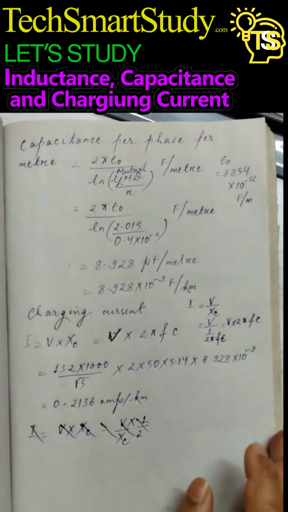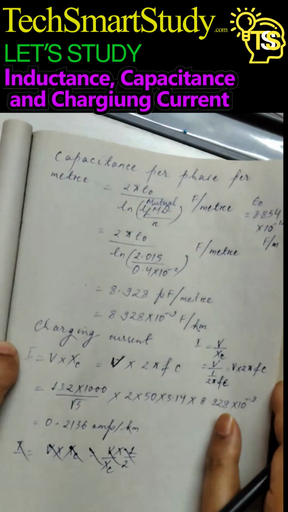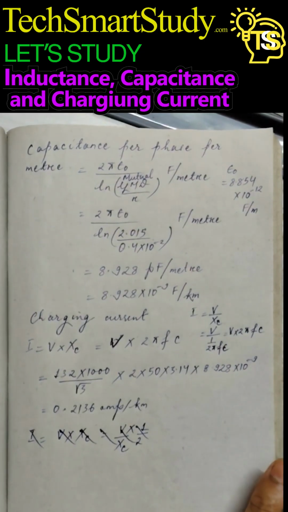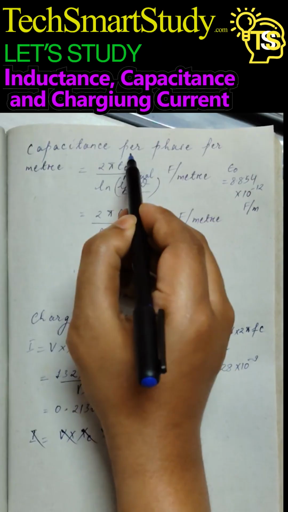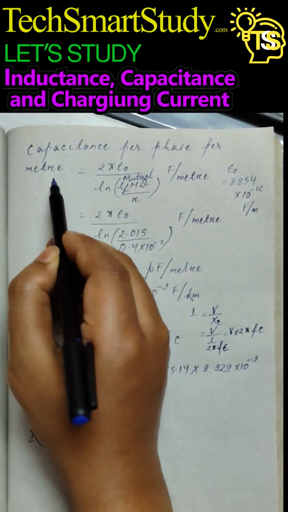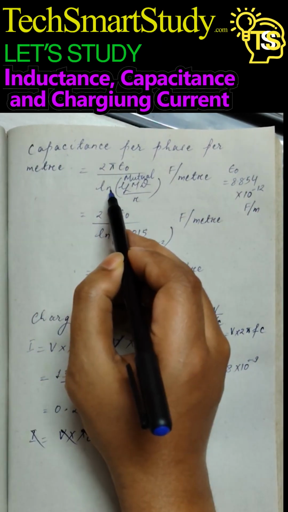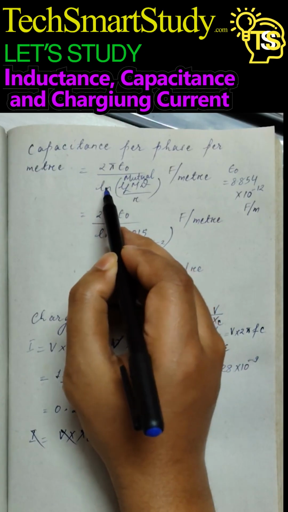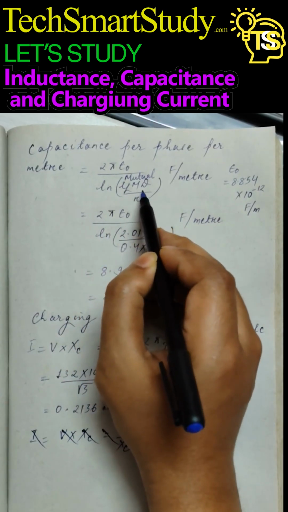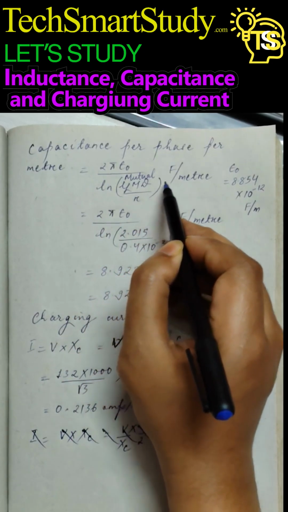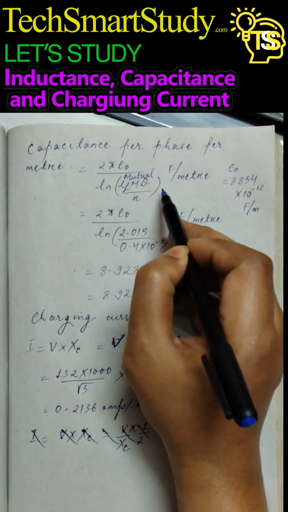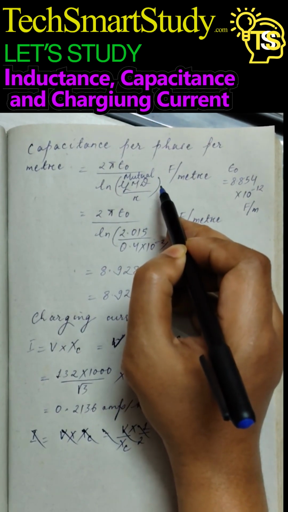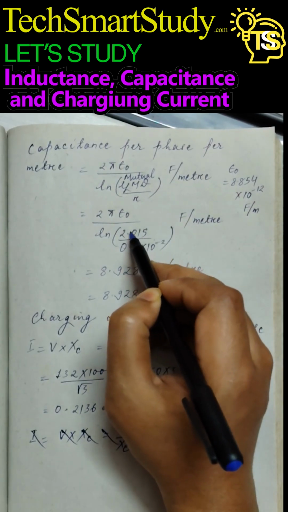Then we have also been asked capacitance and charging current. So the formula for capacitance per phase per meter is 2 pi epsilon naught divided by ln mutual GMD by r, farad per meter. Mutual GMD we have calculated previously, we will put its value 2.015.